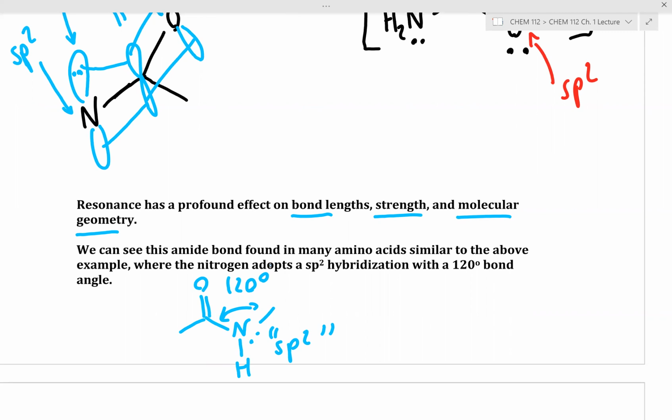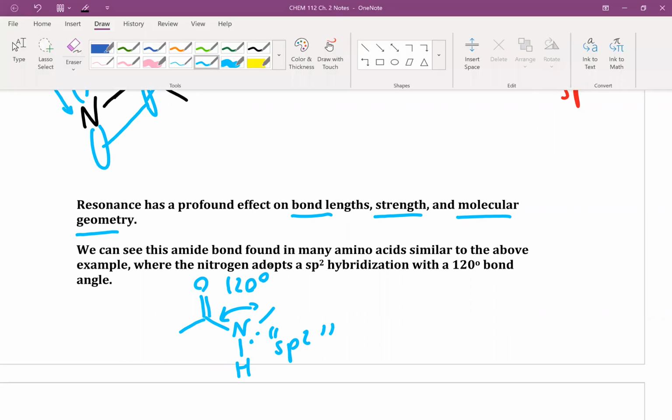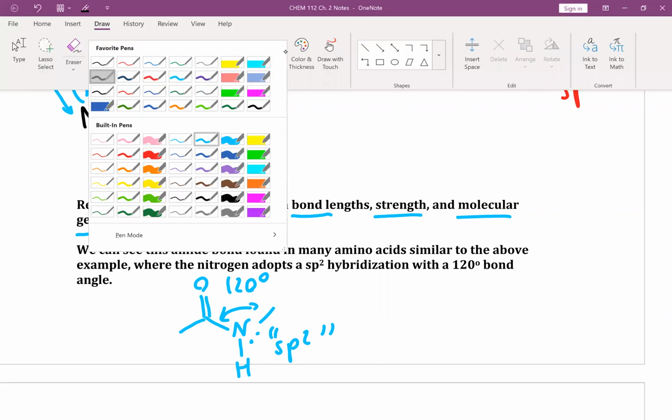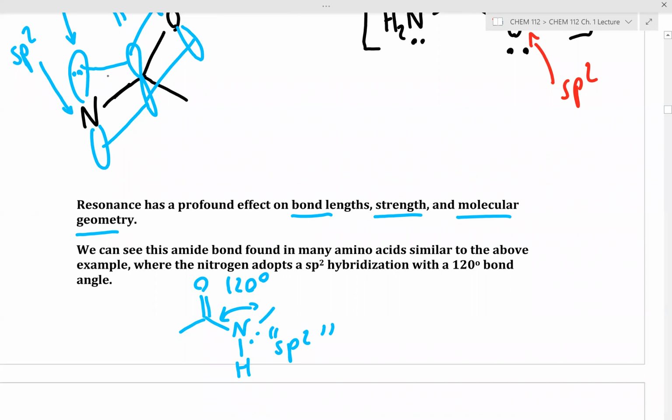So what we're now going to do is take a little foray into slightly more complicated systems and start drawing resonance structures to start to get a sense of predicting reactivity and properties.